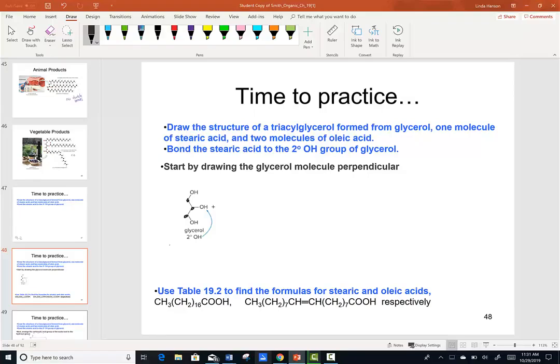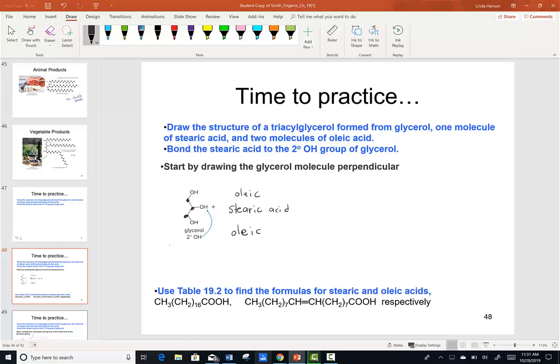This is the structure of glycerol. We're told then that we want to add the stearic acid to the secondary carbon, and we want the oleic acid ending up in position 1 and 3.